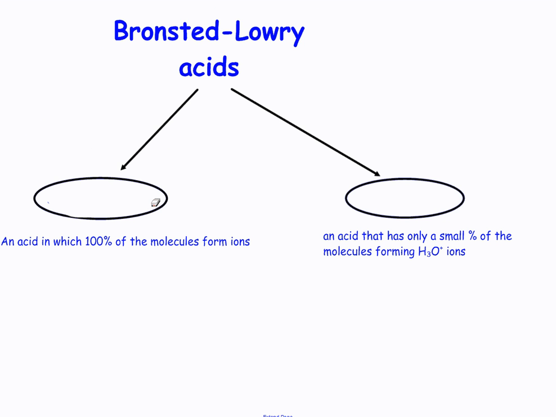We can divide them into 2 categories, strong and weak. And strong and weak correspond to their behavior as electrolytes. Strong acids break up 100% in solution. Weak acids, only a small fraction of them.